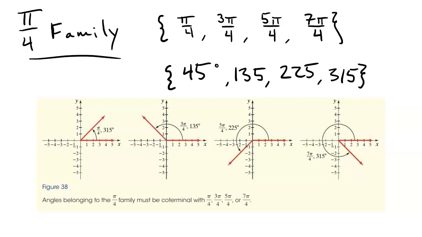So this is the pi over 4 family of angles, and again, to be a member, they have to be coterminal, and they can't be divisible by the bottom number 4. So on to the next family.